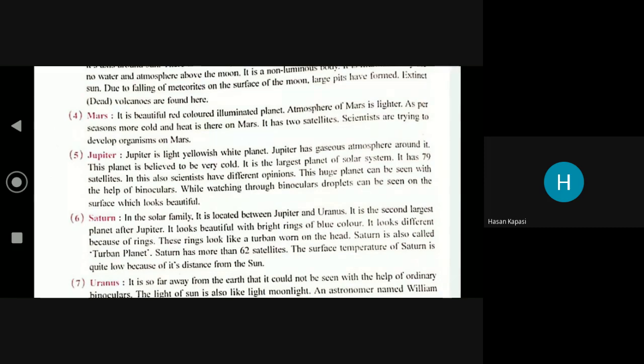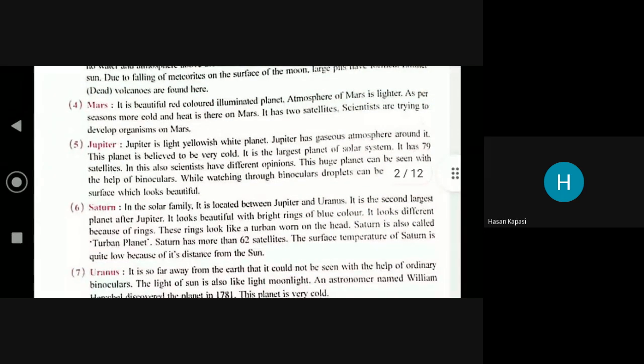This huge planet can be seen with the help of binoculars. While watching through binoculars, droplets can be seen on the surface, which looks beautiful.